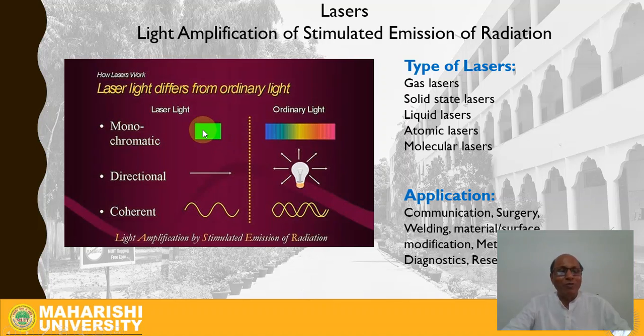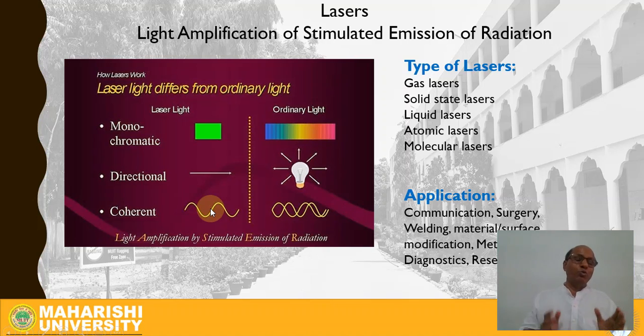Here the wavelength is single or of a very narrow bandwidth, and the laser light is directional, whereas here it is omnidirectional. That means the energy is distributed along all directions, so that you will not get the intensity. As far as coherency is concerned, the laser light is coherent.